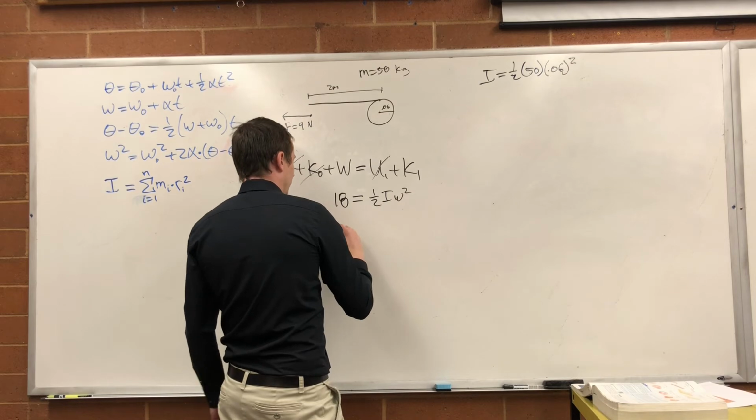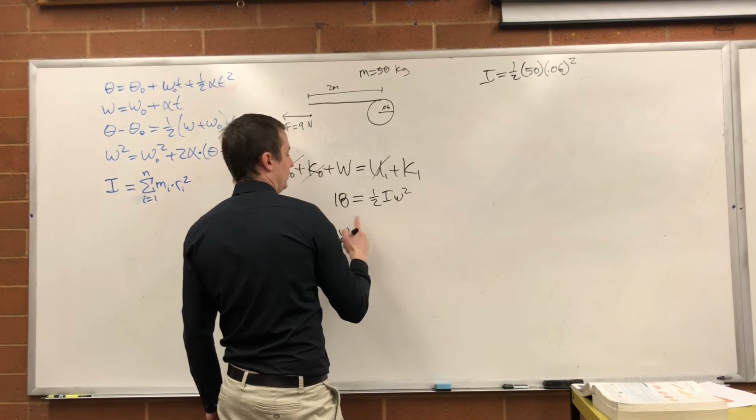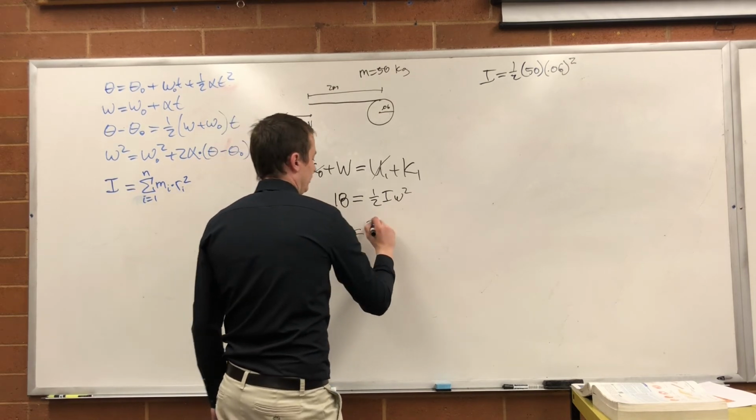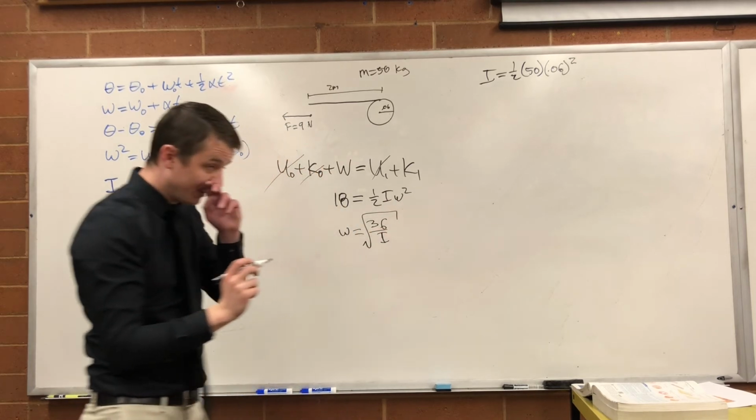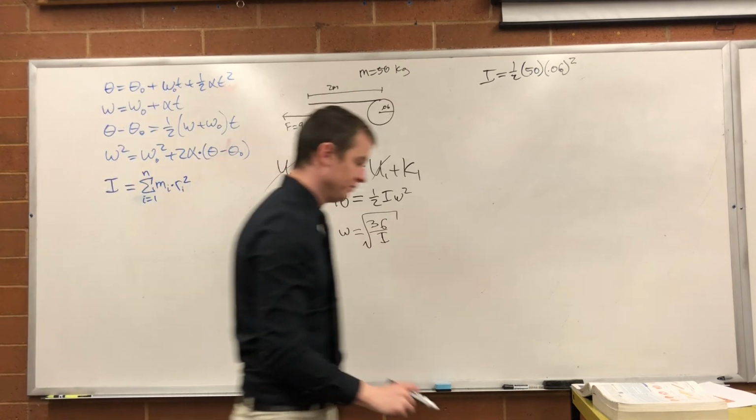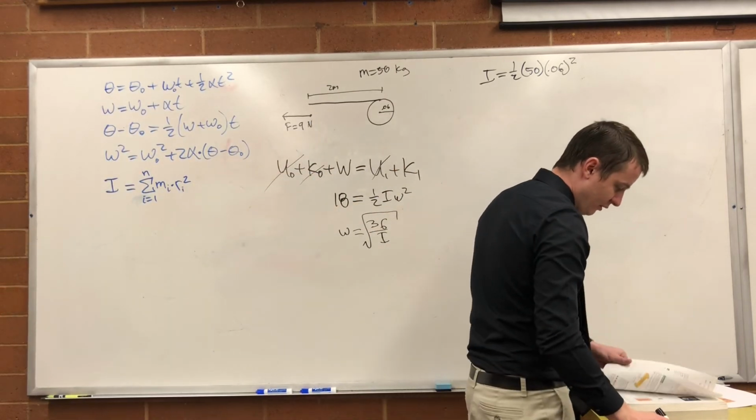So now we're looking for omega. Omega is equal to, multiplied by 2 gives me 36, divided by I, take the square root. Good so far? Yes.